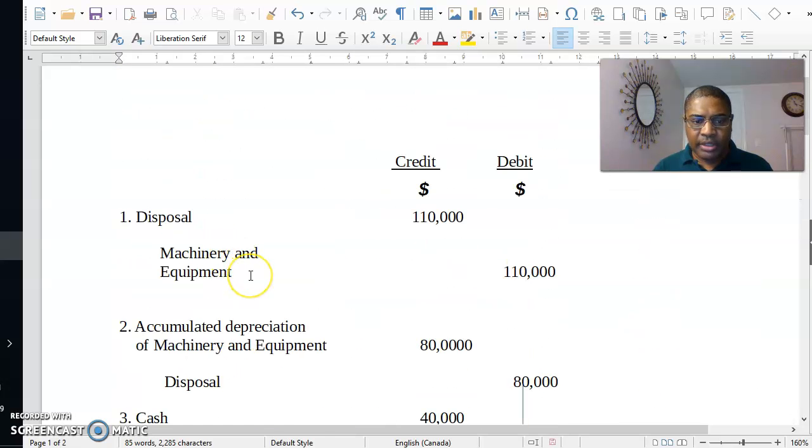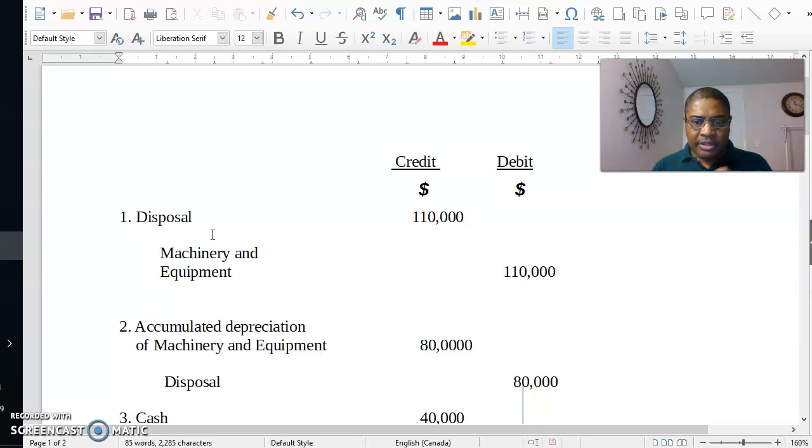Now in a disposal account, I'm speaking in terms of the journal entry, you have to debit the disposal account and credit the machinery and equipment account. What this does is effectively you are transferring the sale of the machine.